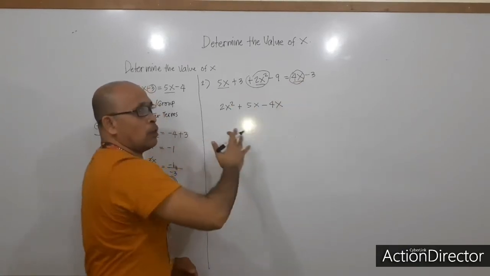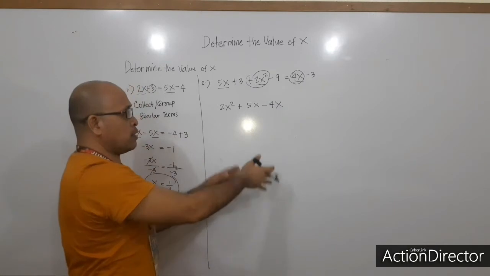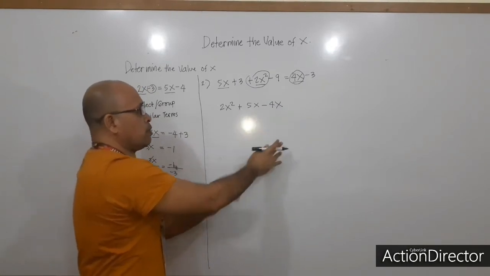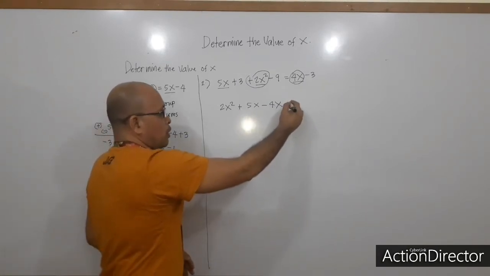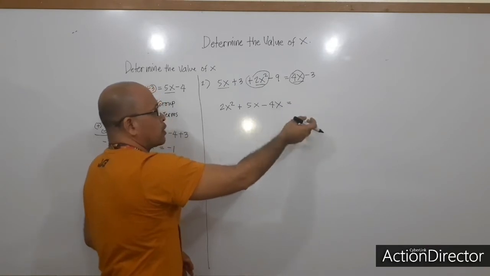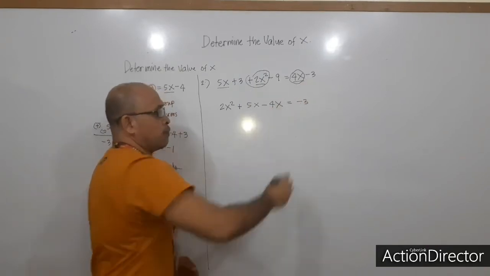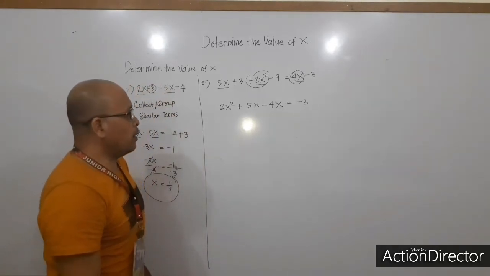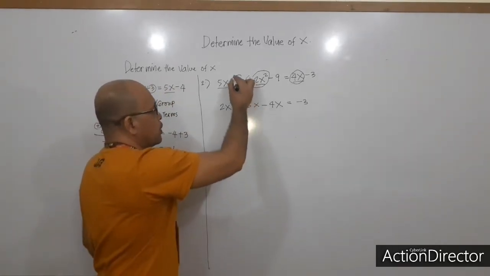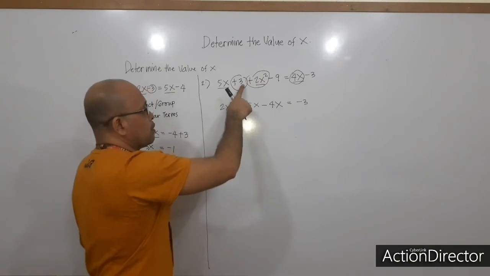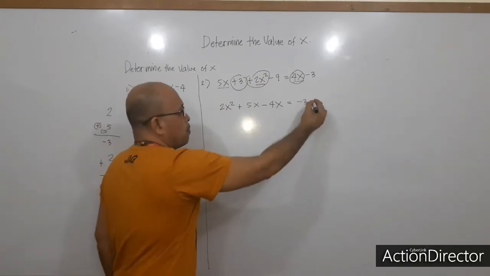After collecting all variables and placing them on the same side of the equation, you may proceed by collecting the constant terms. So you may bring down negative 3. Then you may also transpose plus 3, so it will become minus 3.